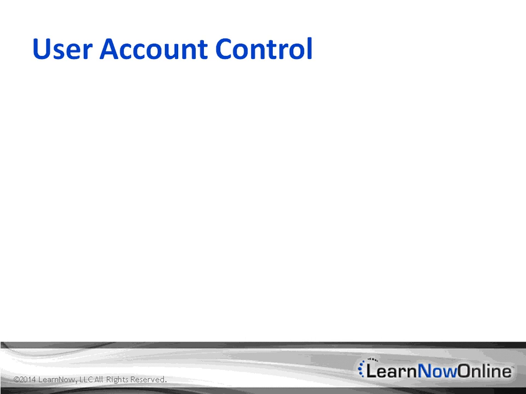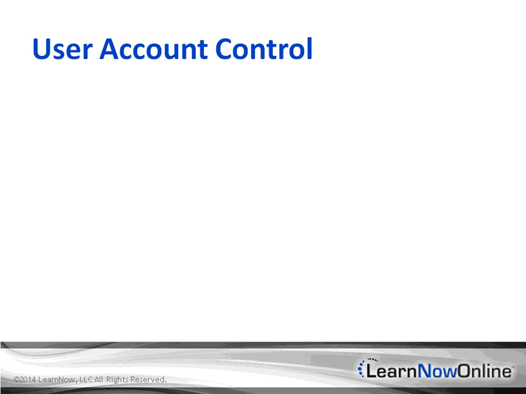Something that came along with Windows Vista, and this was probably among others, but this was one of the reasons why Vista basically fell flat on its face, is because of this user account control. And the user account control basically ruled everything, and you had no way to change it. Well, that is not true in Windows 7.